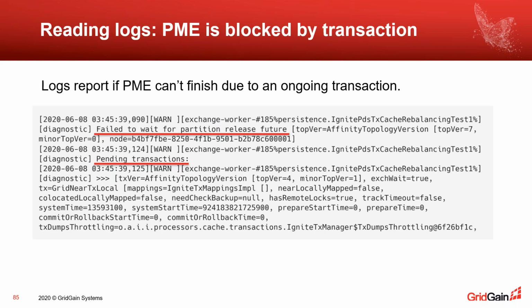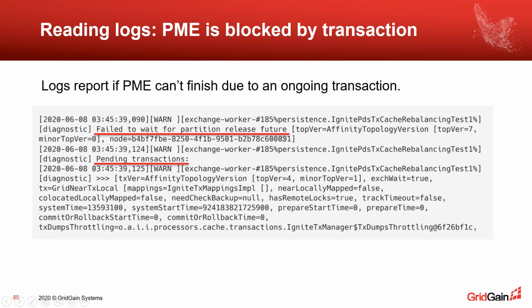And if the worst situation that is possible with transactions has happened, if your long transactions exist at the time when partition map exchange is in progress, and it took a long time, you may find this message in logs: failed to wait for partition release future.